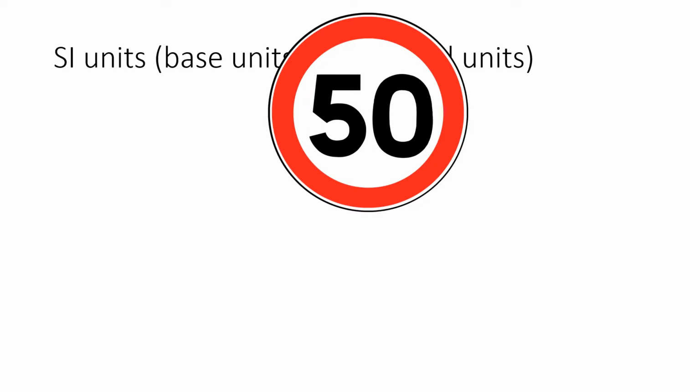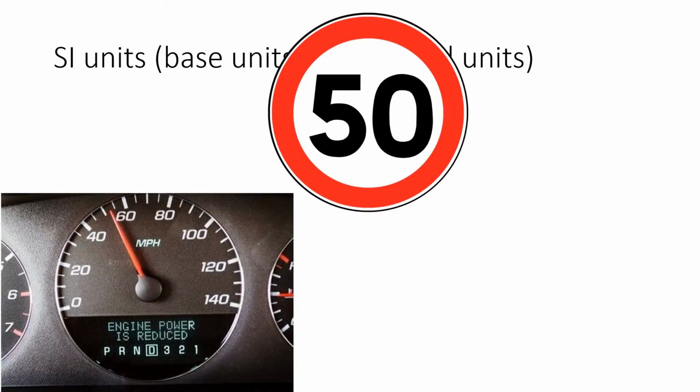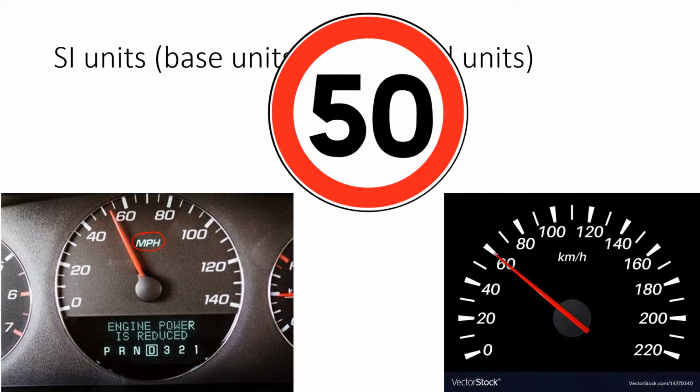"I understand, sir," says the officer, "but you are driving a Chevrolet Tahoe, designed in the United States. Your speedometer has a scale of miles per hour, indicated over here, while in our country, the road signs are indicating the speed in kilometers per hour.